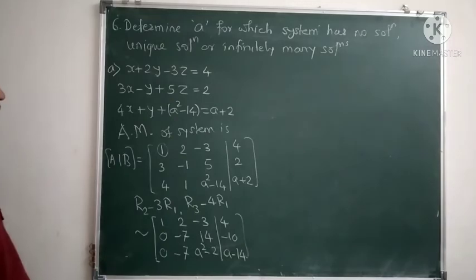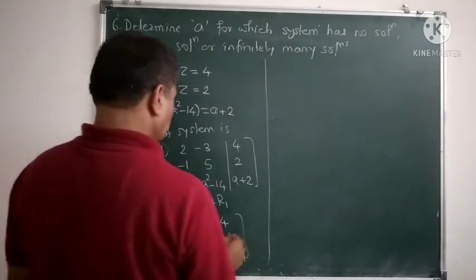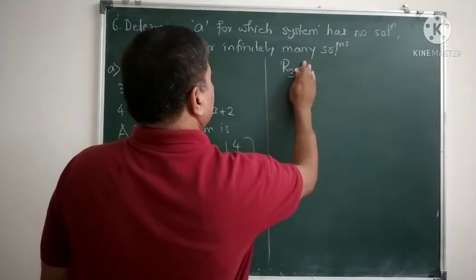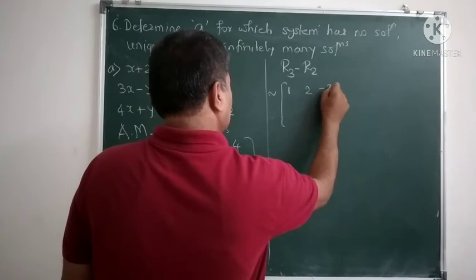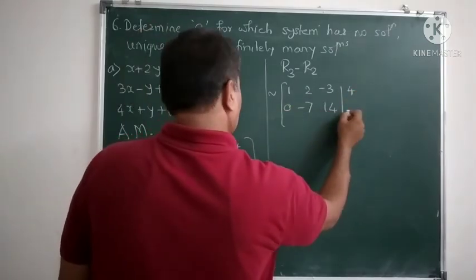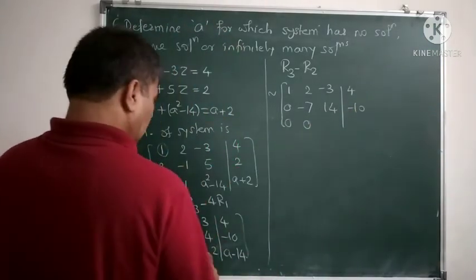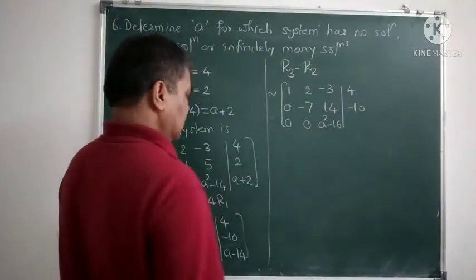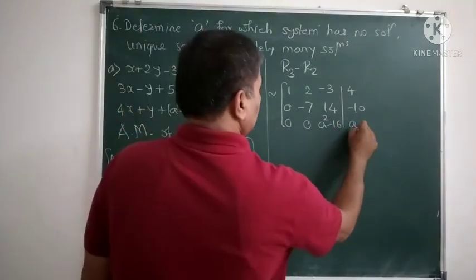Then we will subtract this from this. So R3 minus R2 gives us 1, 2, minus 3, 4; 0, minus 7, 14, minus 10; then 0, minus 7 plus 7, a square minus 2 minus 14, which is a square minus 16; then a minus 14 plus 10, which is a minus 4.